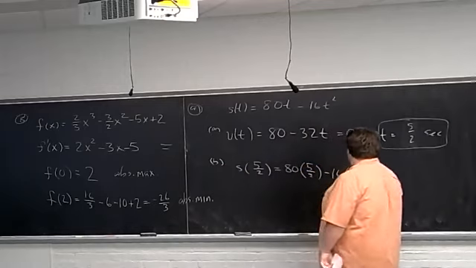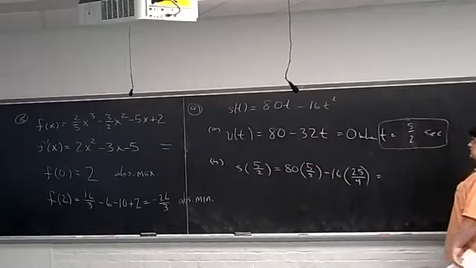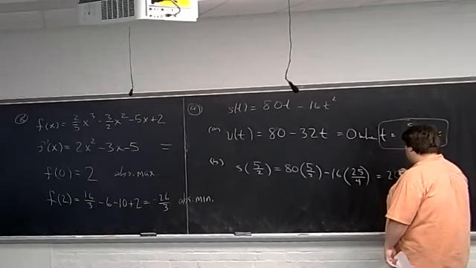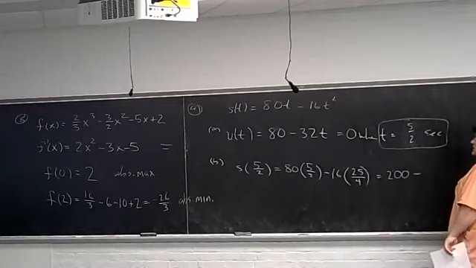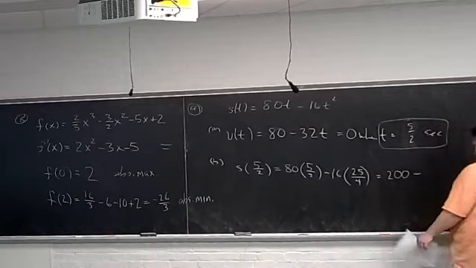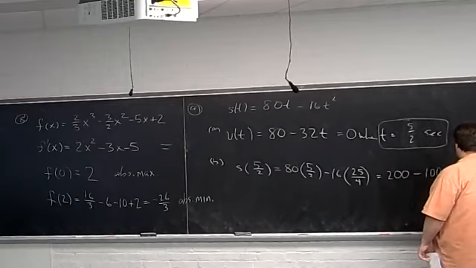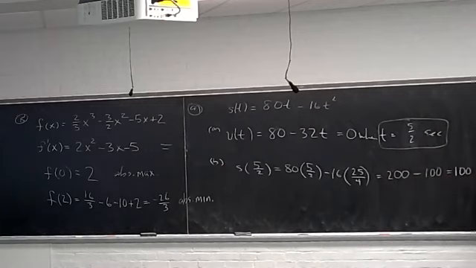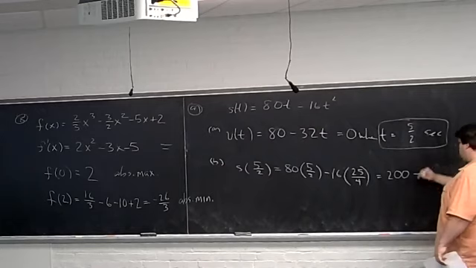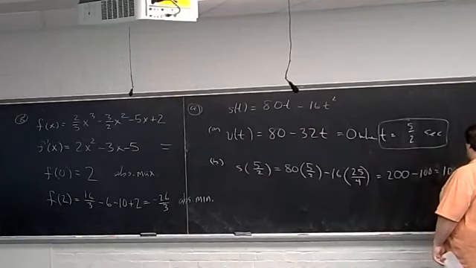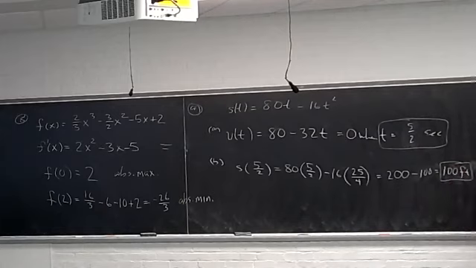Five halves squared is 25 fourths. 80 times 5 halves is 40 times 5, which is 200. 16 times 25 fourths is 4 times 25, and there's a negative. So the highest point reached by the ball is 100 feet. Any questions about that?